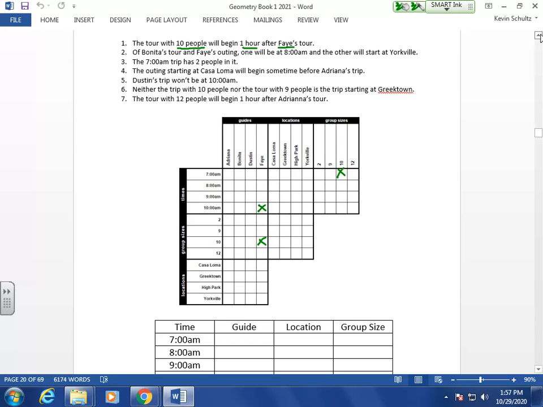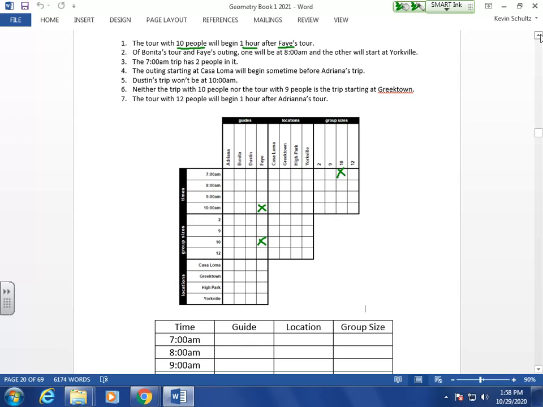Christopher? So, the intersection between eliminating 7 a.m. and 10 people, but not for 10 a.m.? Ask your question again? So, the column with 10 people, you crossed the intersection between that and 7 a.m. When you eliminated 10 a.m., you didn't do that.